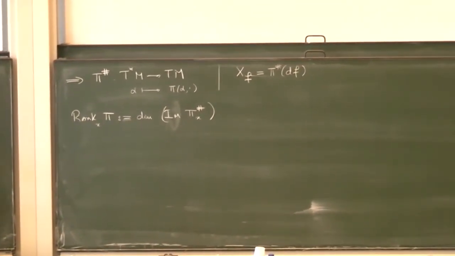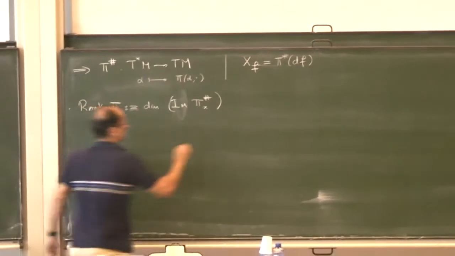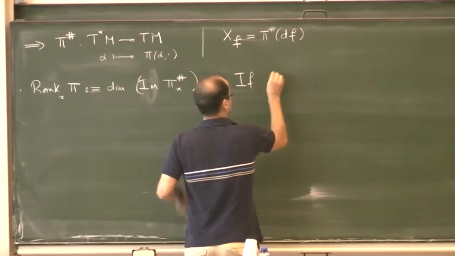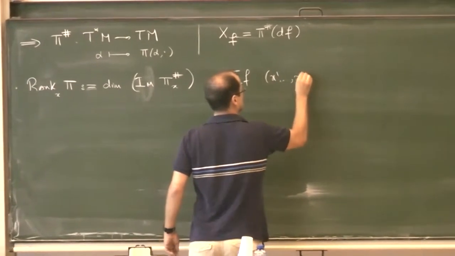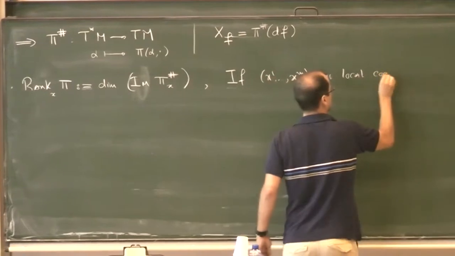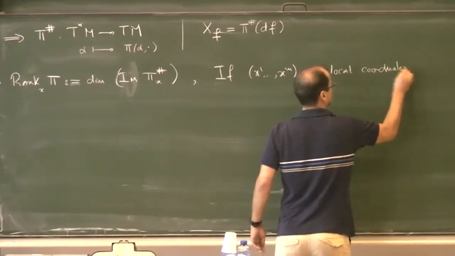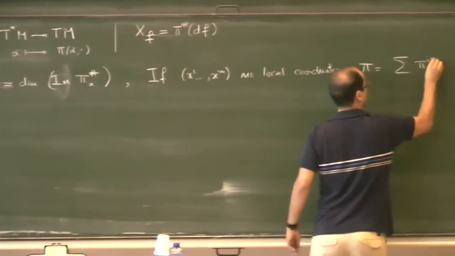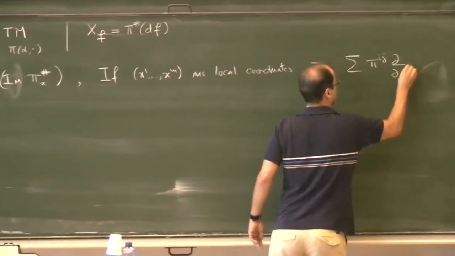Okay? So of course, if you choose local coordinates, then the pi is going to have some expression like this.